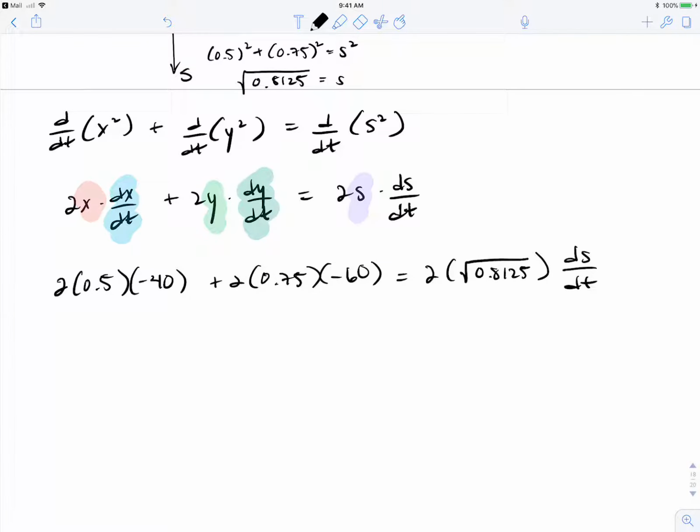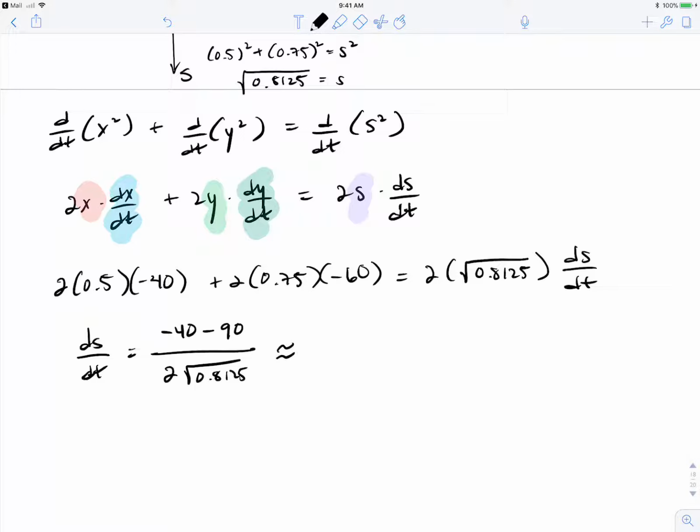Okay, so now just some algebra. We get ds over dt equals negative 40 minus 90 over 2 times the square root of 0.8125.